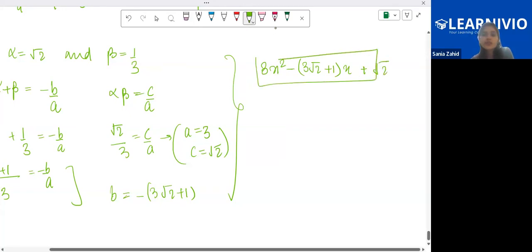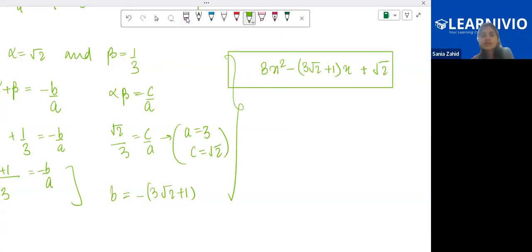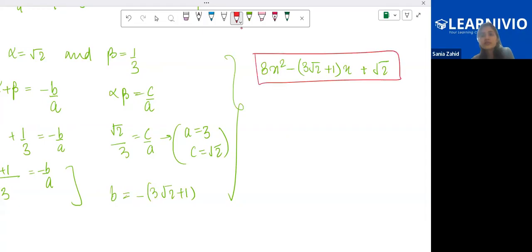So this will be your equation. Is this clear? If you want to open the bracket, then also you can solve it. But I'd say don't open the bracket. This is the more general format.